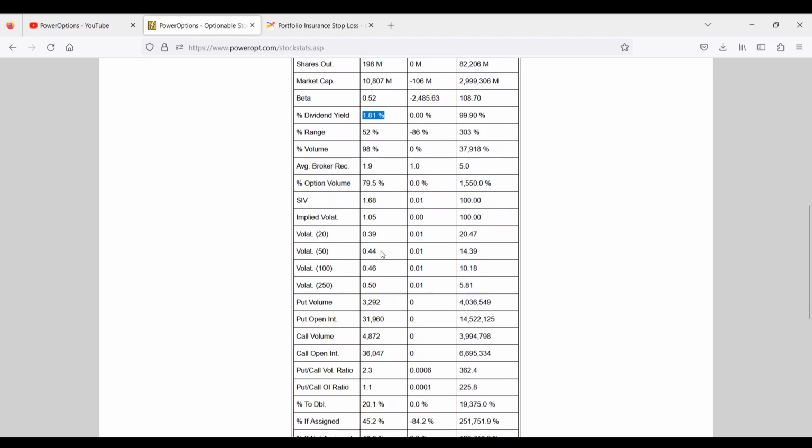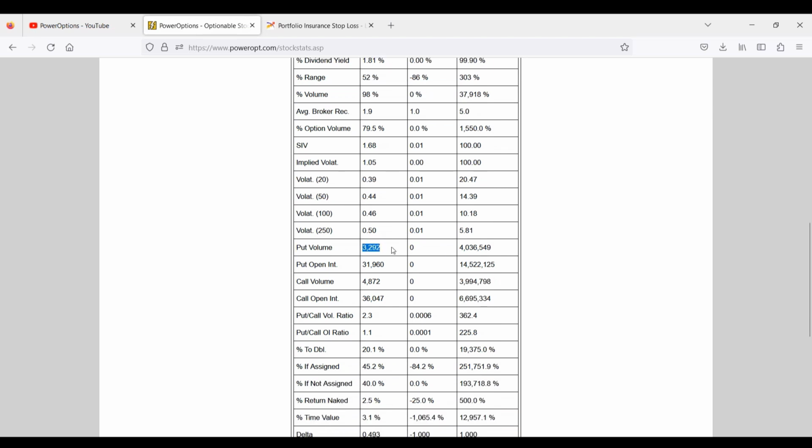Now we start getting into the volatility. The average 20-day volatility for the underlying stocks is 0.39. 50-day volatility is 0.44, but the average implied volatility on all options is 1.05, even with the VIX being down as low as it was. The average put volume, average open interest.